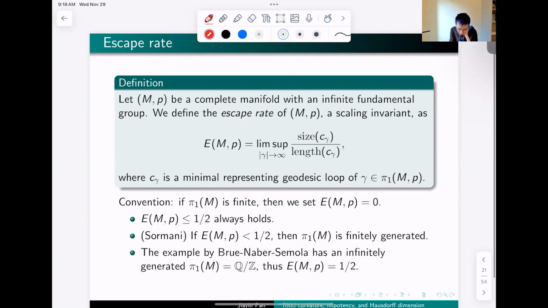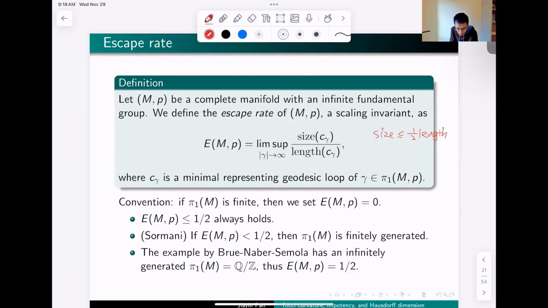Because size is at most 1/2 the length, because it's a loop, it goes forward, it needs to come back at a certain moment. So the escape rate is always less than or equal to 1/2. And by a result of Sormani, although she didn't use this terminology, if your fundamental group is infinitely generated, then you can take these Gromov short generators, and then their minimal representing loops will be minimal up to halfway.